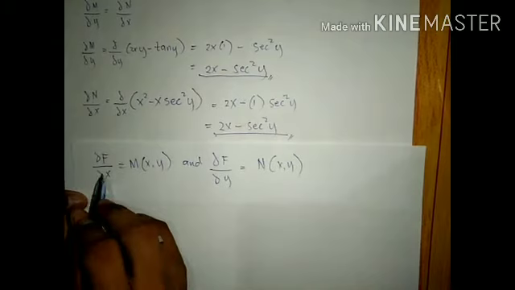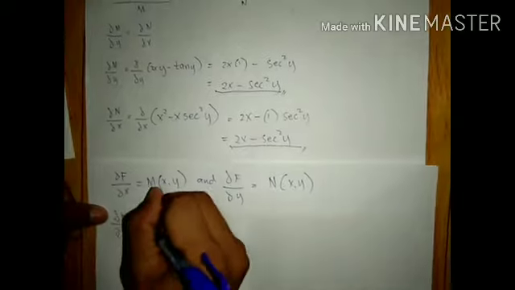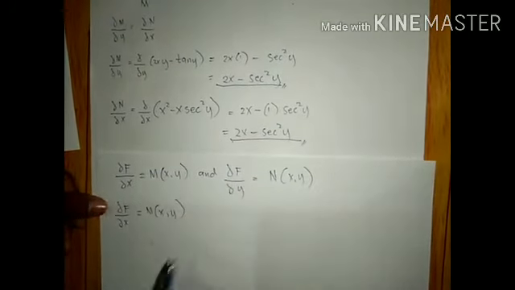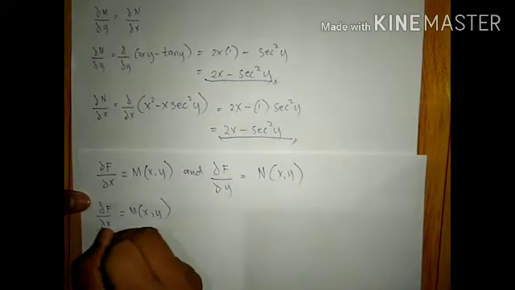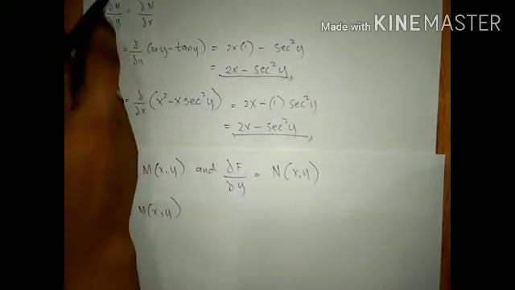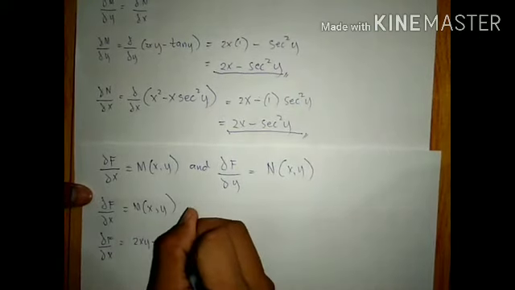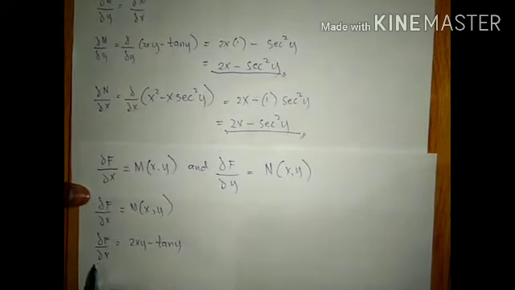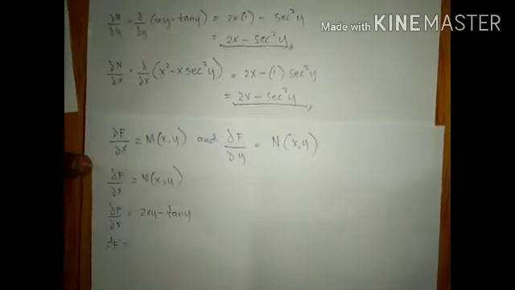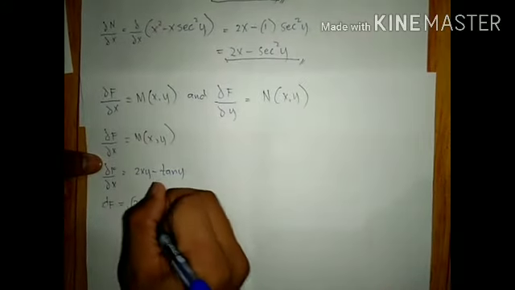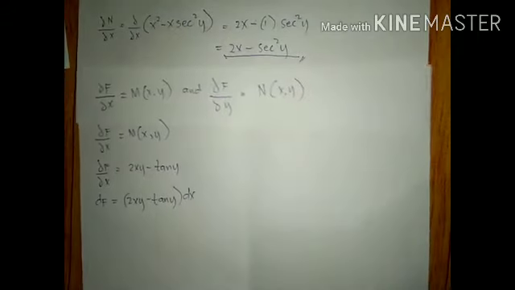First, we get f. Partial f with respect to x is equal to M, a function of x and y. So our M here, partial f over partial x, is equal to 2xy minus tan y times dx.